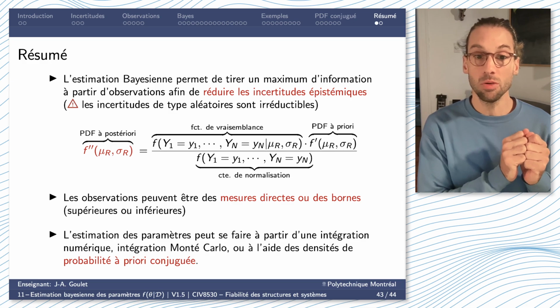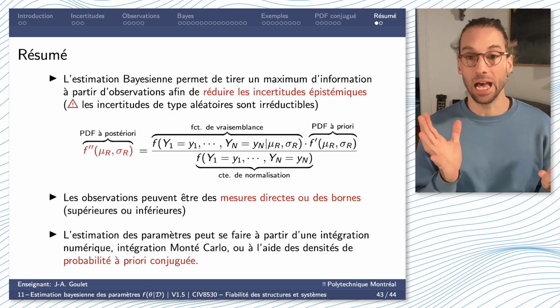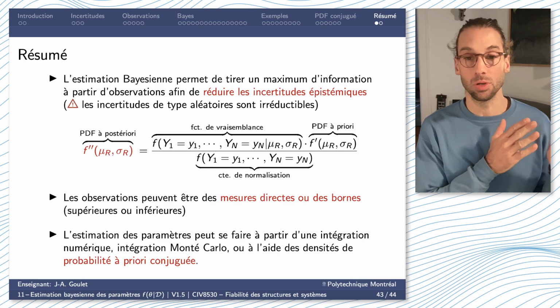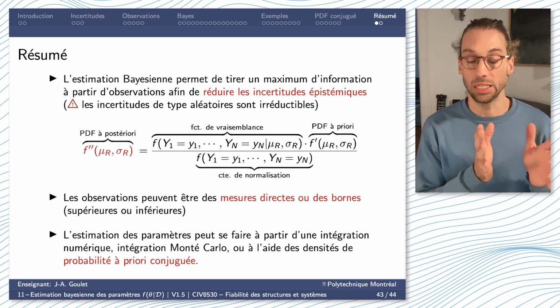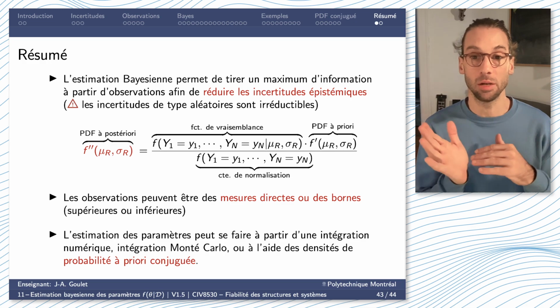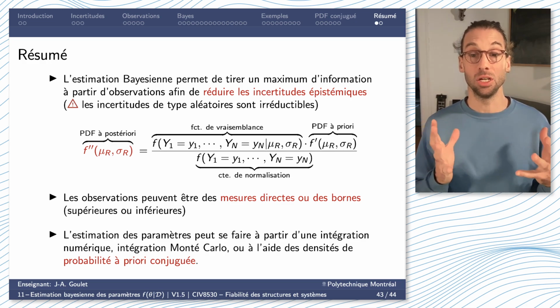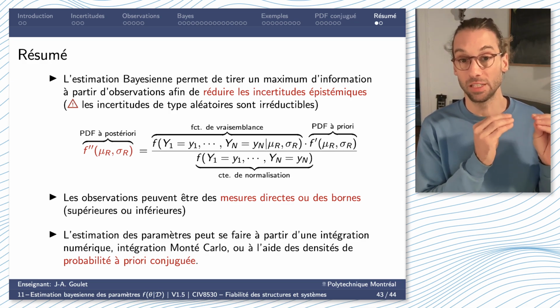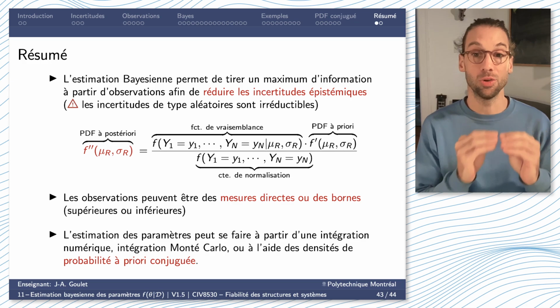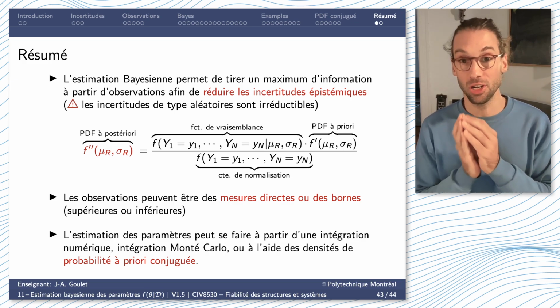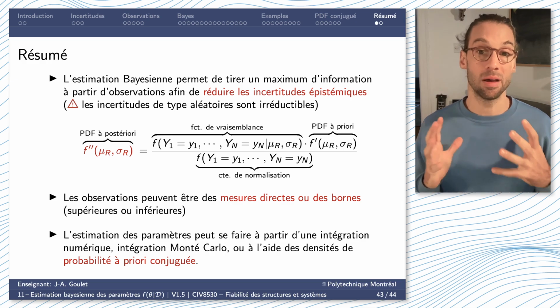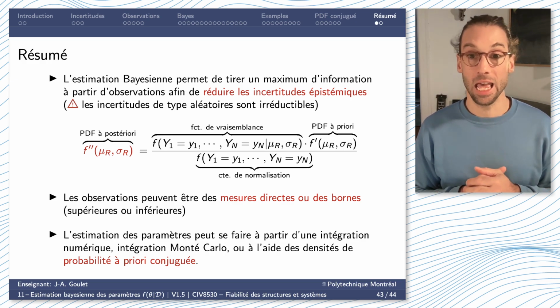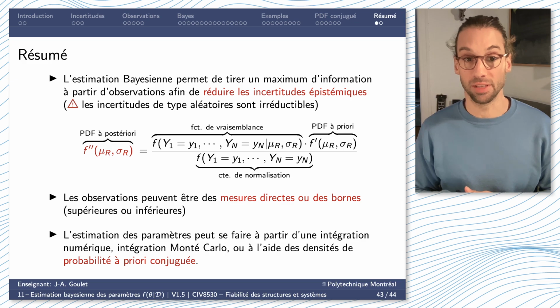When you have infinitely many data, doing a Bayesian analysis or simply computing summary statistics such as the empirical average is not going to make a difference. But in practice in civil engineering, we often have access only to a small number of samples. And in those cases, it is critical to perform Bayesian estimation in order to extract the maximum amount of information from your data and not be in a non-conservative case.